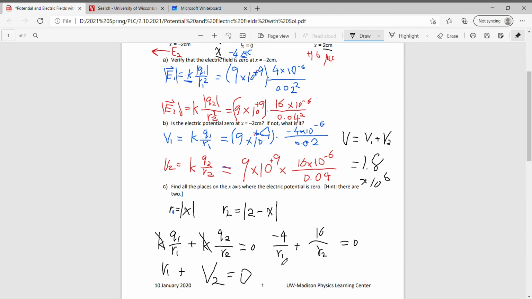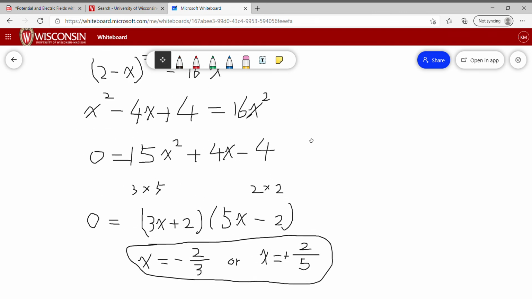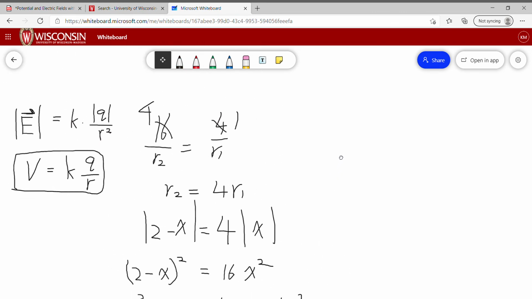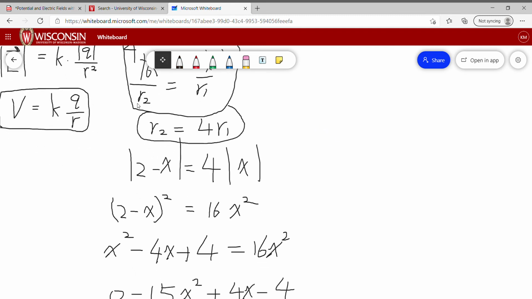Then we insert R1 as the absolute value of x and R2 as the absolute value of 2 minus x, and we solve this equation. It's actually R2 equals 4 times R1, where R2 is the absolute value of 2 minus x and R1 is the absolute value of x.